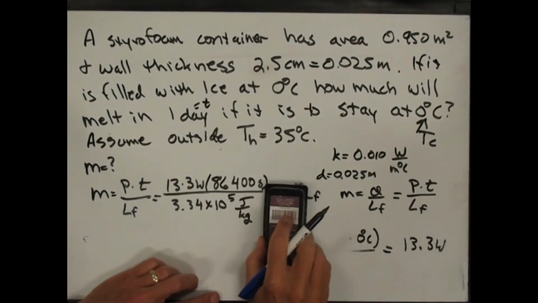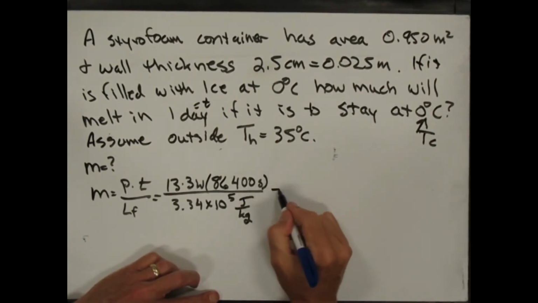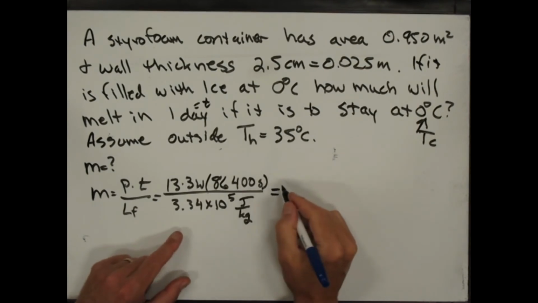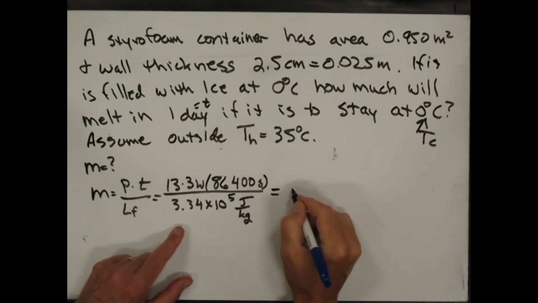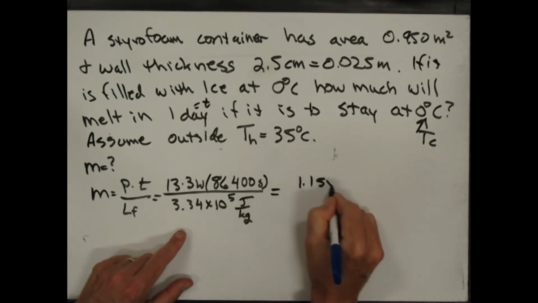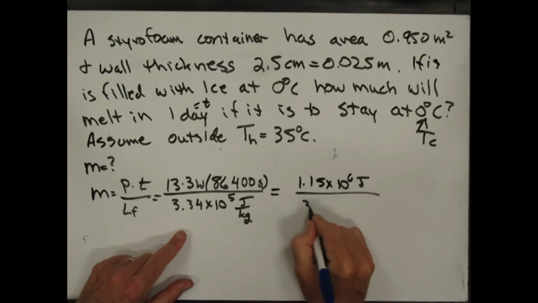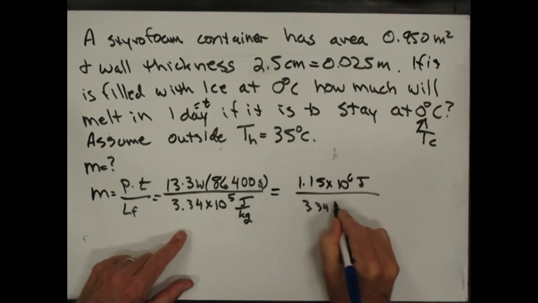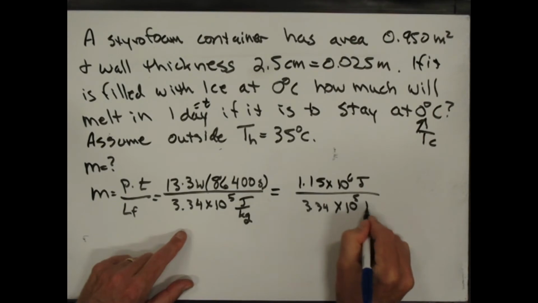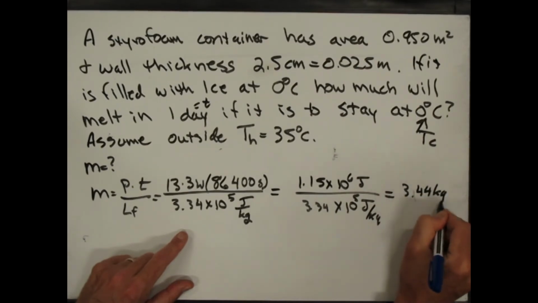I'm just going to have to clear off a little more room here. And so I'll write this as the top. This becomes 1.15 times 10 to the 6th joules over 3.34 times 10 to the 5th joules per kilogram. And what I get for that is about 3.44 kilograms.